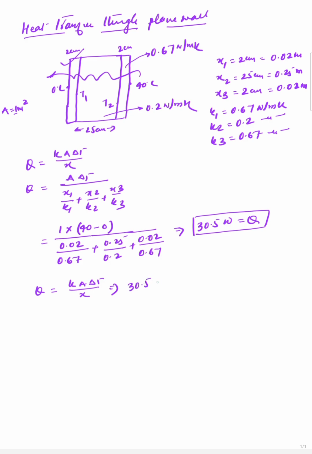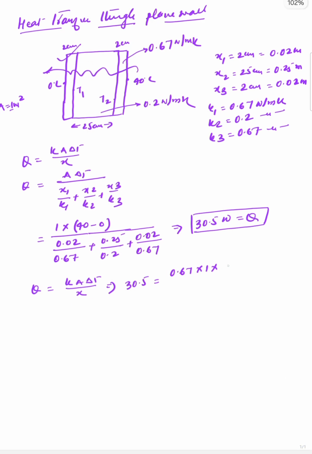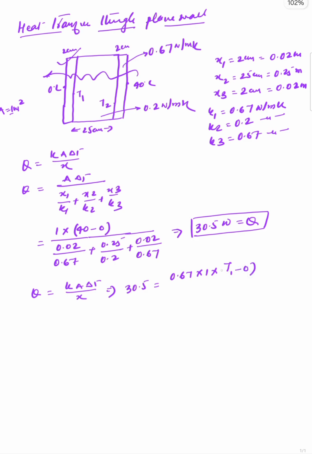This is 30.5 is equal to K, K is 0.67, cross section area is 1 and temperature difference is T1 minus 0, thickness is 0.02. If we solve this one, we get the value of T1 is around 0.9 degrees centigrade.